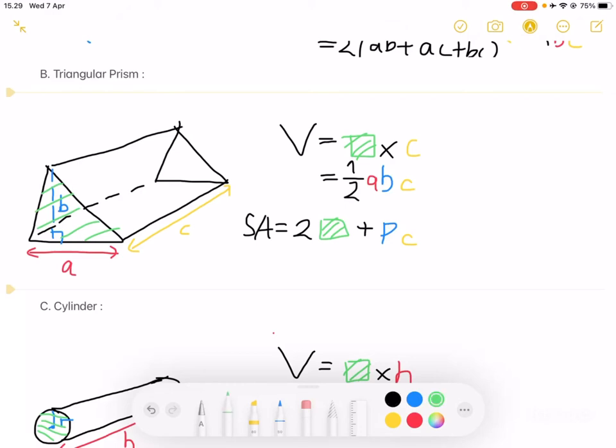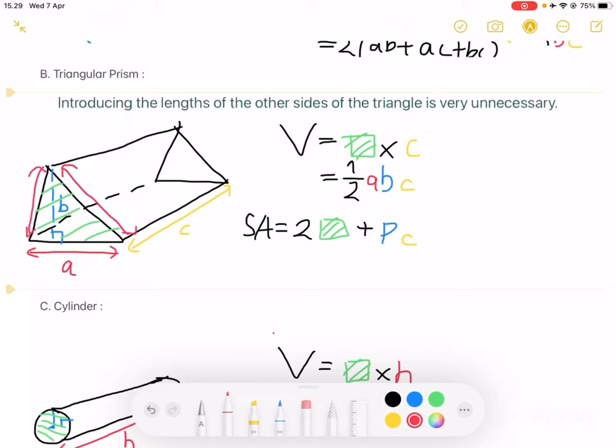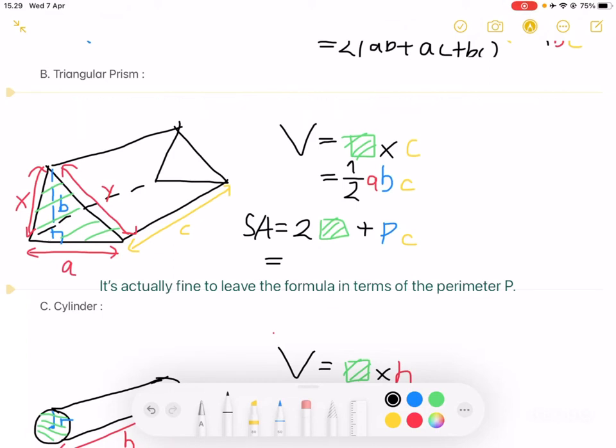So let's just say the lengths of these leaning sides will be x and y. So that will be 2 times the area of the green region. That will be 2 times a half.